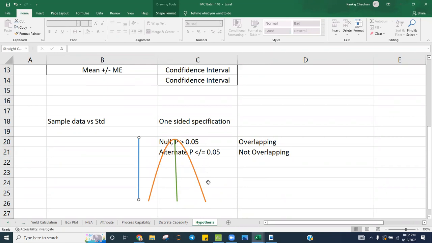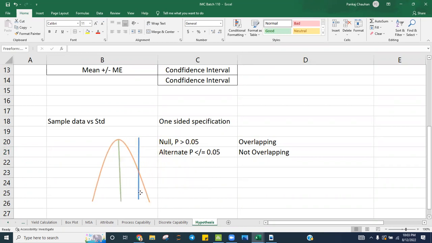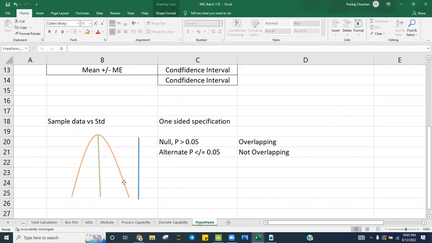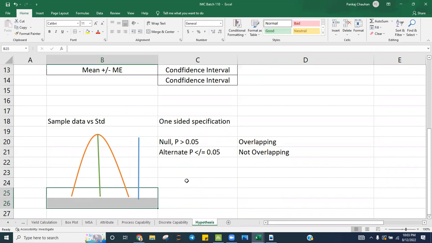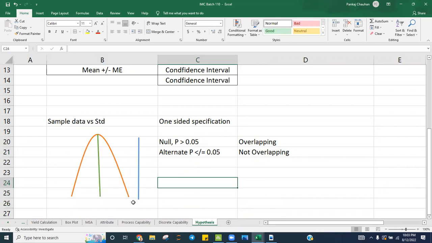But if your actual observation is below the target, when higher is better, and this difference is coming, then this is not in your favor. That means here is a difference where you need to take some actions and further improve the process.